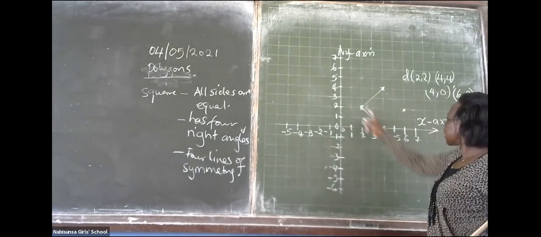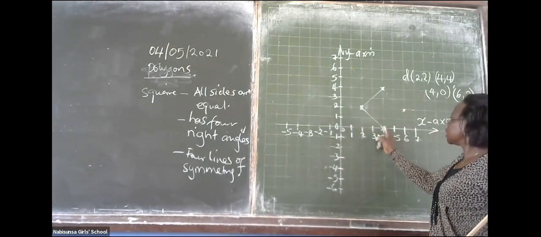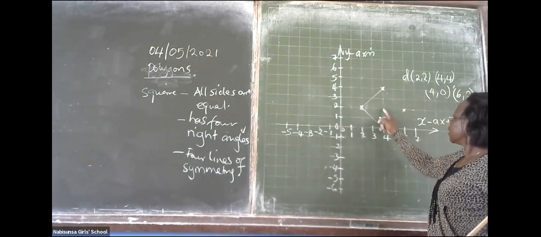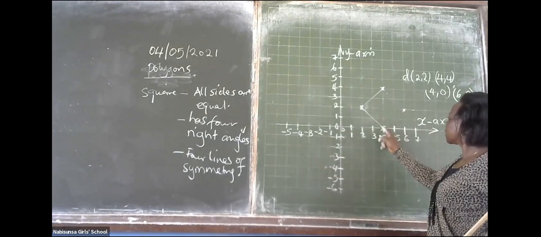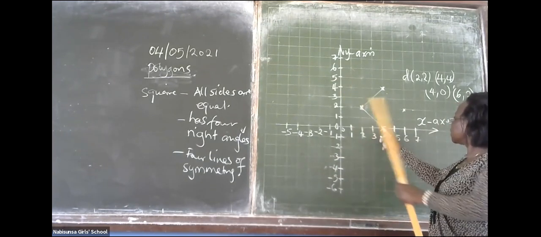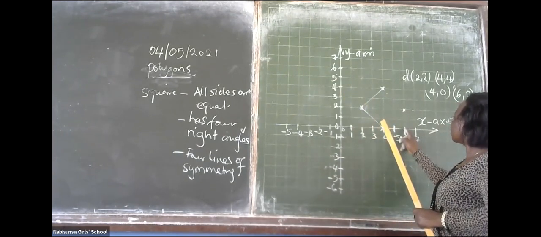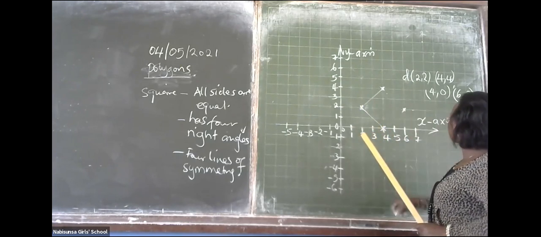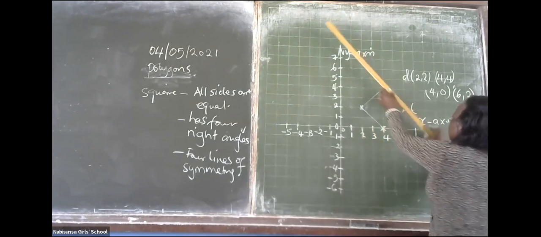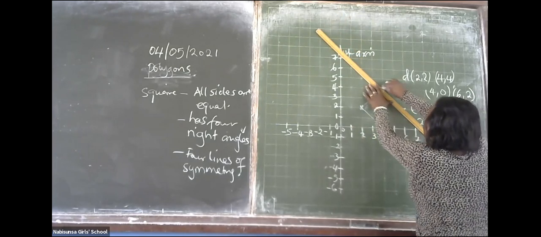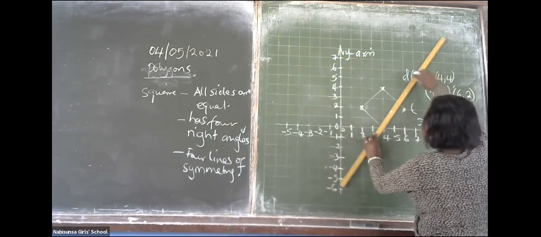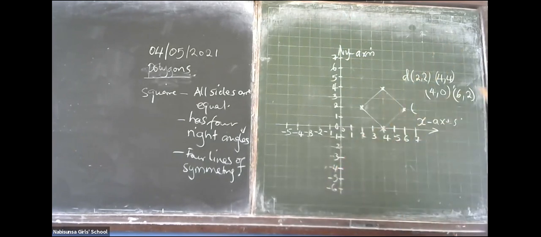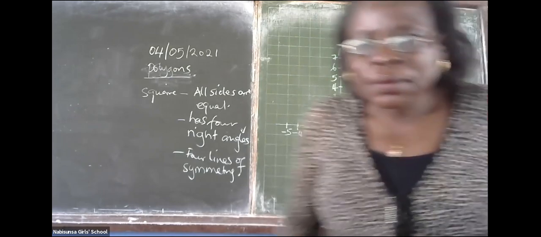So in order to locate the other point, we shall move 1, 2 steps, and we come to that point. What are the coordinates of that point? 6, 2.